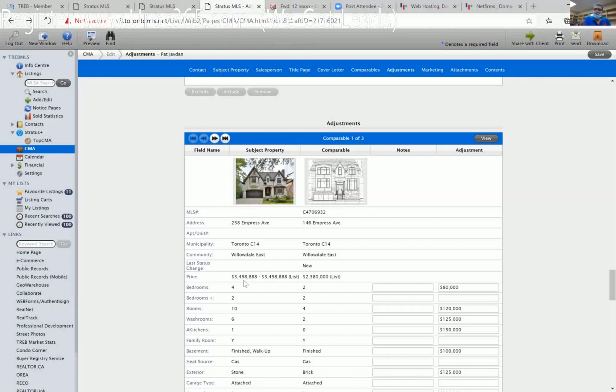Therefore, now you can talk to your buyer that this property is 3.5 asking price, but if you want to make the same house with this qualification, you should pay more. But I will try to negotiate another 100,000 down for you. Then your client becomes happy.